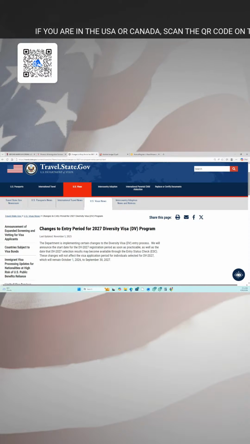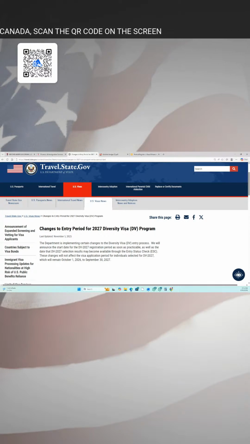Changes to the entry period for the DV2027 diversity visa program. The department, when they say the department, they refer to the Department of State, is implementing certain changes to the diversity visa entry process. We will announce the start date for the diversity visa 2027 registration period as soon as practicable, as well as the date for the DV 2027 results.